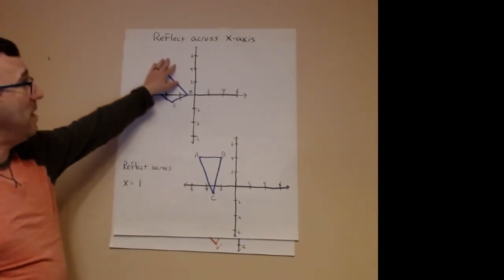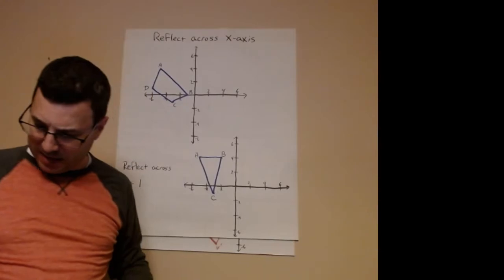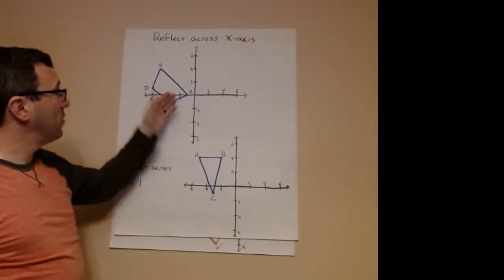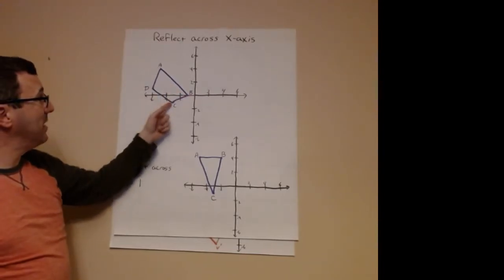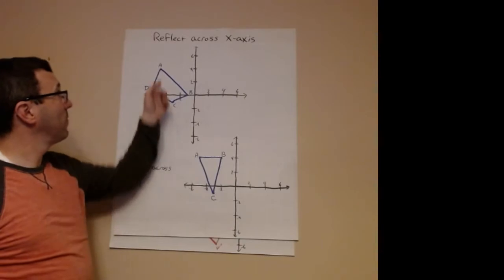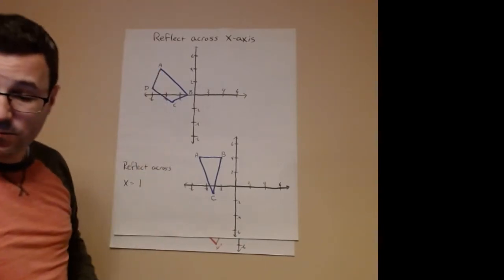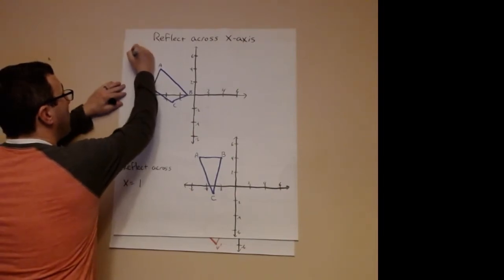So now we have here, we're going to reflect across the x-axis. So notice I have quadrilateral A, B, C, D. I didn't write down the points. Okay? But I'll just use A as an example.